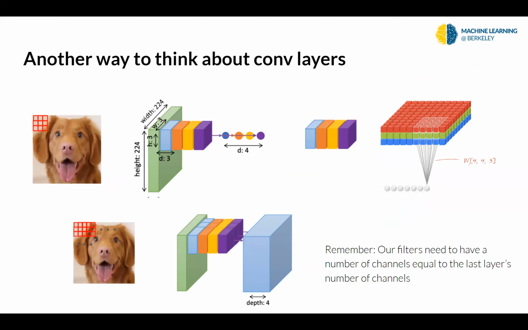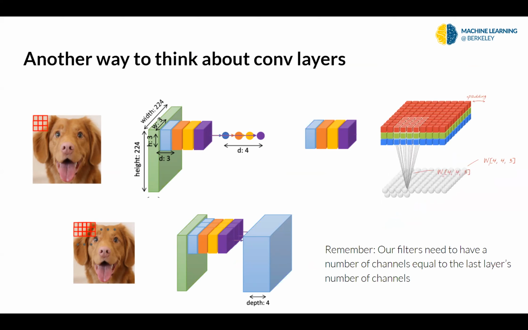Okay, so another way to think about this is the same concept. In the example with this picture of a dog, we have this 3 by 3 filter, and we do this dot product, then we shift it over, do another dot product, keep shifting it over.